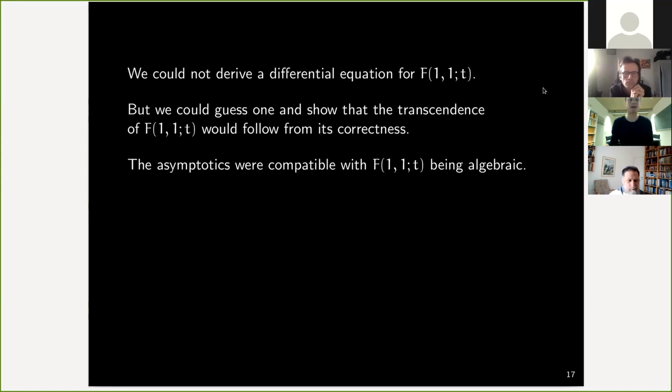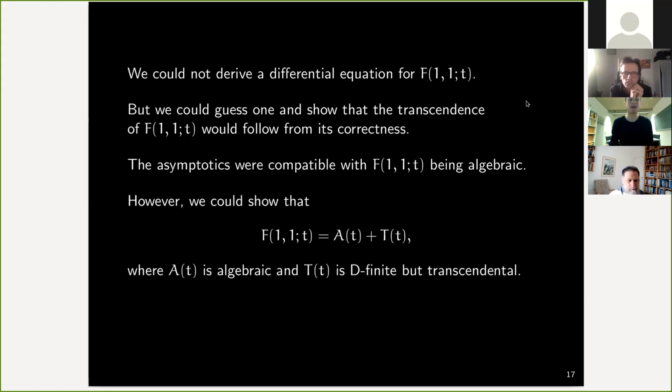But this time we had to argue differently because the asymptotics turned out to be compatible with algebraicity. And what we did was we showed that f, the length generating function, can be written as the sum of two functions, one of them being algebraic and the other one being transcendental. And by closure properties of algebraic functions, this implies that f cannot be algebraic.